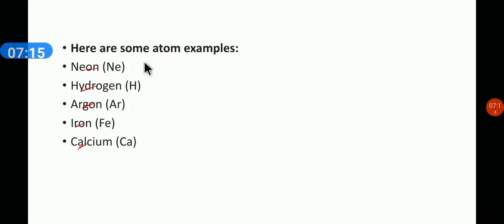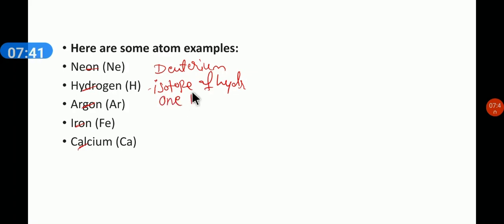Some more we have are deuterium, which is an isotope of hydrogen that has one proton and one neutron, then plutonium.